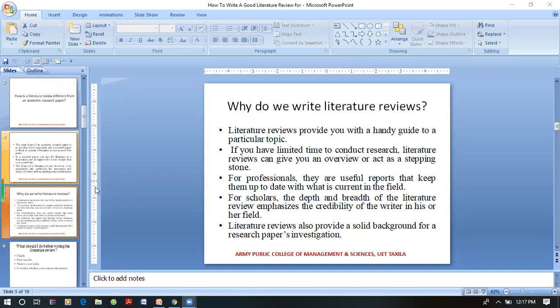So why do we write a literature review, right? I think we already discussed in the previous class that if you are a reader, it gives you understanding about the topic, but if you are a writer, it can tell you how to improve the gaps or the trends in the topic you are trying to work on, right?